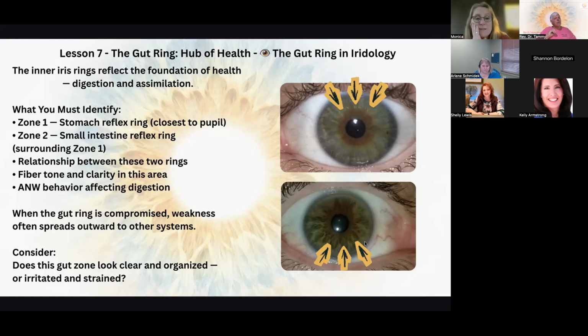Yes, I was just trying to figure out if you were saying the gut ring, the coloring. They're two totally different things, but you're looking at both of them. Now we're focusing on the gut, not the autonomic, but more the gut. But the autonomic also relates to the gut in a way, because are they able to cope with life?